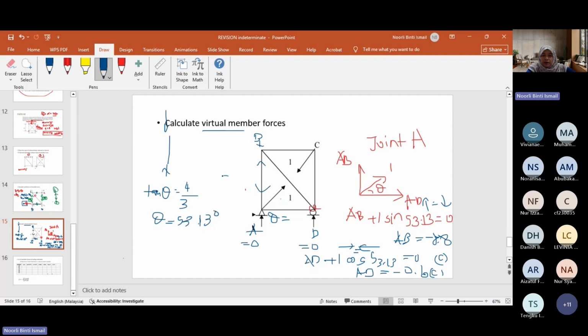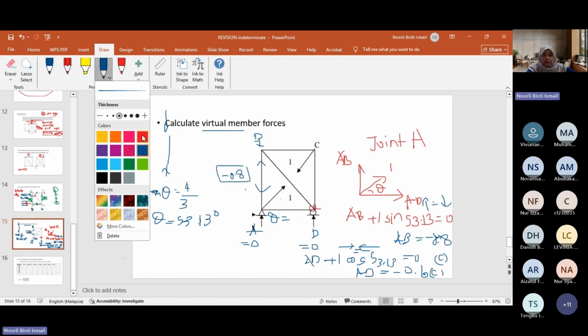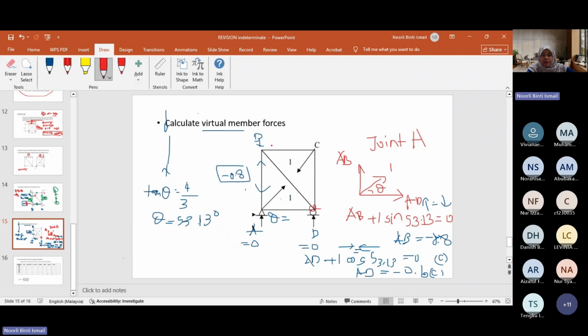So this one is negative 0.8. Ini negative 0.8. Betul? Negatif dengan positif macam mana kita nak tahu? Look at the outer joint, which is like this. And then like this. They will compress. That's why negative.